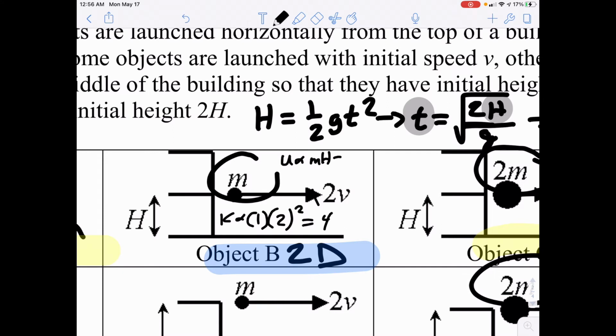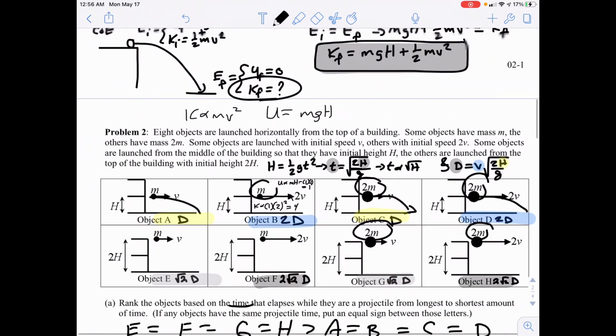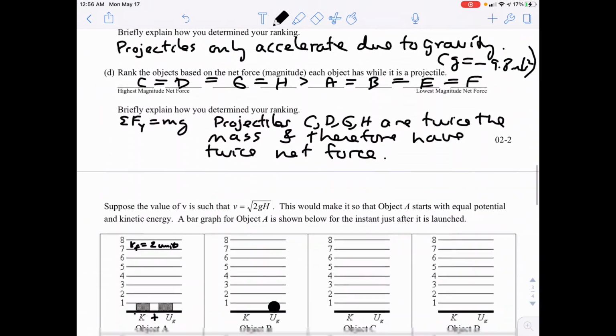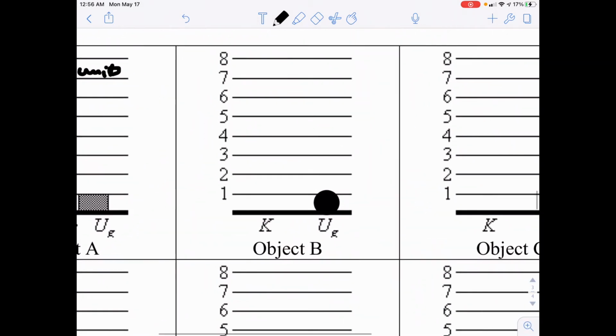So we have essentially 1 mass unit and 1 height unit for a potential energy of 1. Okay, and object A had 1 for everything since everything starts with 1 unit. So we're going to do 4 kinetic energy units, which means the final kinetic energy is going to have 5 units, because we have 4 plus 1, right, to give you 5.